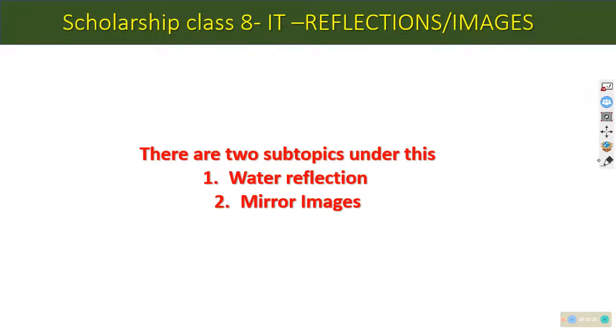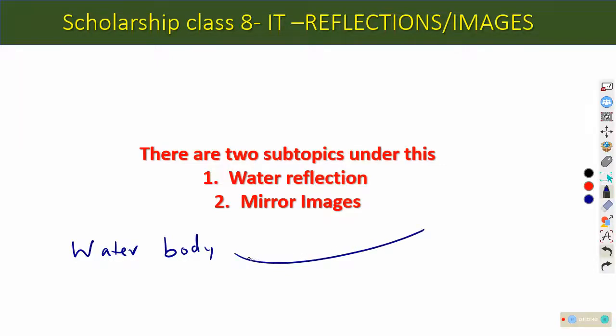As the name indicates, water reflection: whenever we think about a water body, a pond may come to your mind with a level of water, or a sea may come to your mind where there is a level of water.